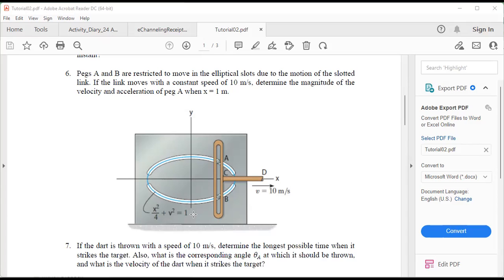So when the link moves, what will happen? The two pins are going to trace the path or the slot which is in the shape of an ellipse, and it asks you to find the velocity and acceleration of the top pin when the distance it travels in x direction is exactly 1 meter.